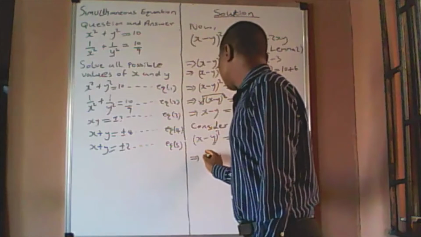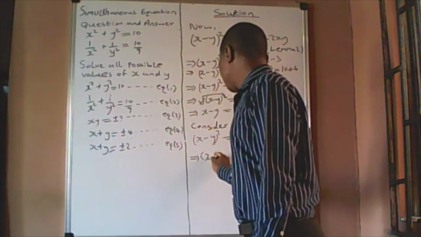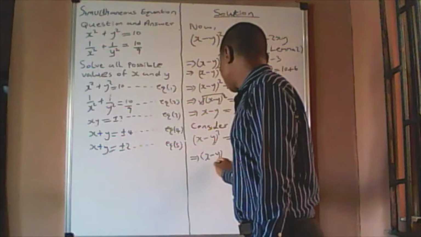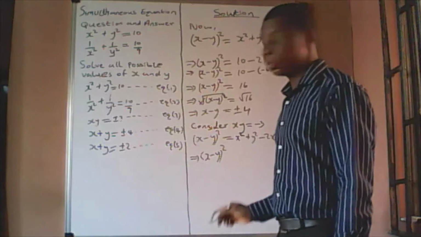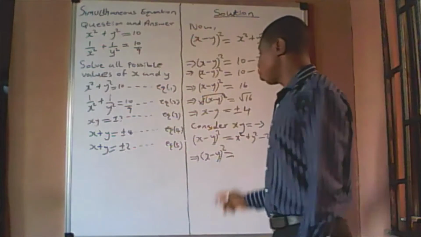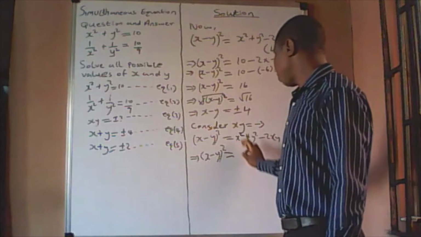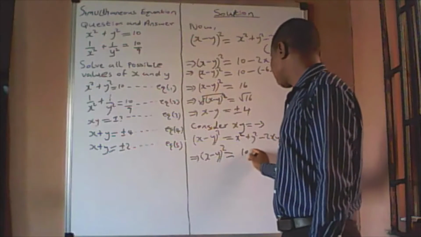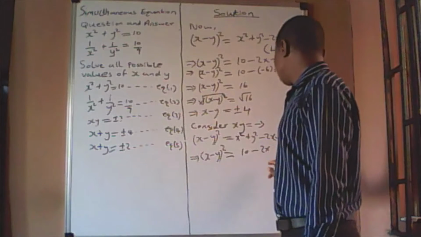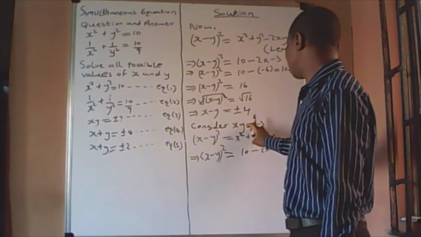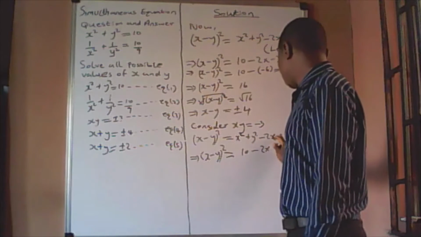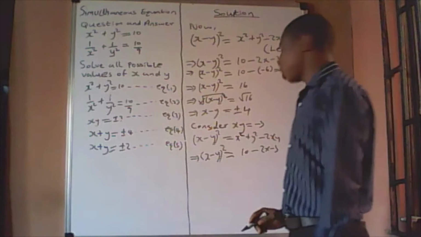It implies (x minus y) all in parentheses power 2 is equal to 10 minus 2 times the value of x times y, which is equal to minus 3. So putting it there, we have minus 3.